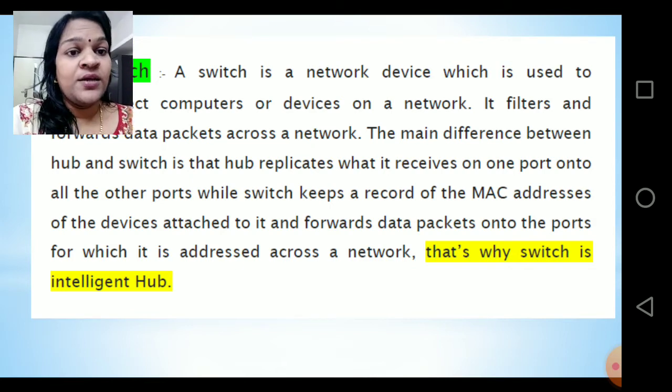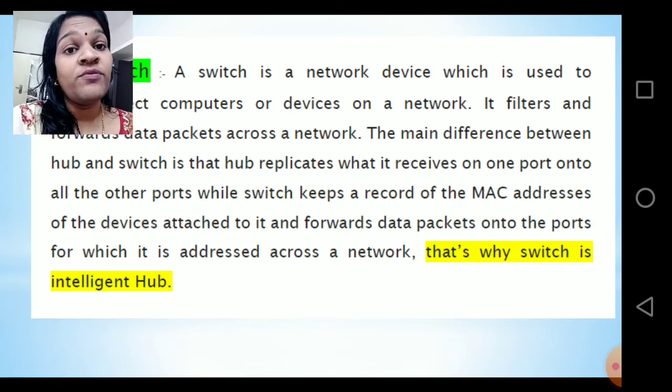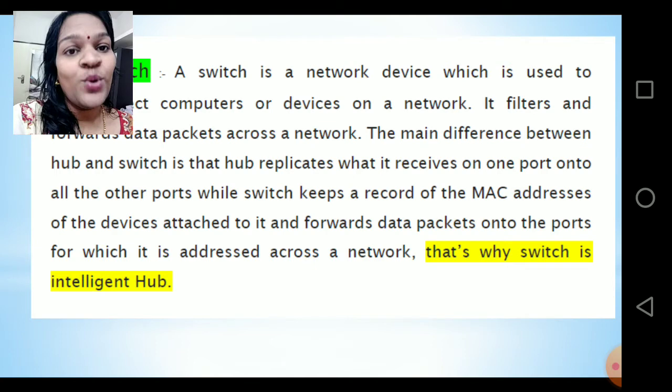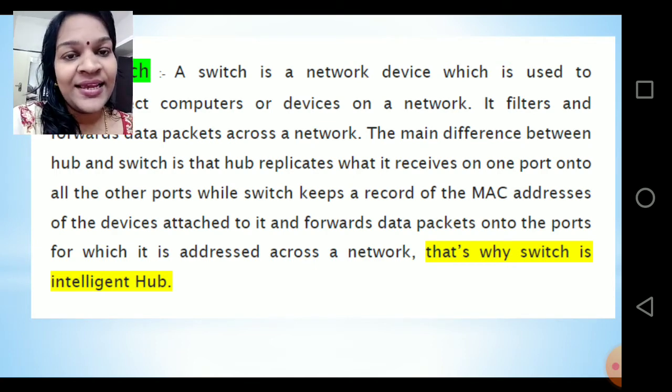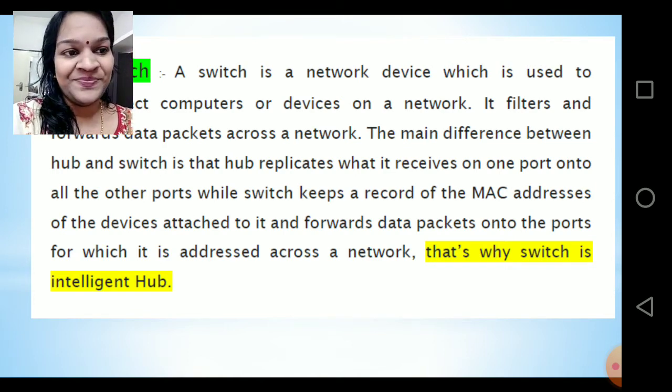The important thing to note here is the difference between a switch and a hub. Both are network connecting devices, but the hub transfers whatever data comes to it, while the switch checks where the data is coming from and where it has to be sent.